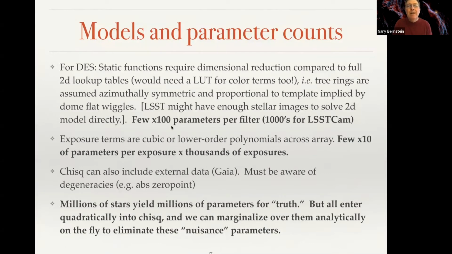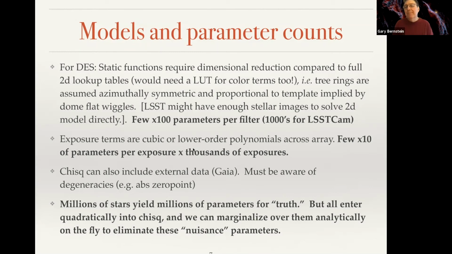Okay, so what are we going to end up with? Well, the static things that describe the array for each filter where we want to make a solution here, we're going to have a few hundred or maybe 1,000 or so static parameters that describe all the polynomial coefficients and stuff that we need. Then on the exposure terms, we might have something like a constant or maybe as high as a cubic order polynomial for each of these functions that we're going to allow for.